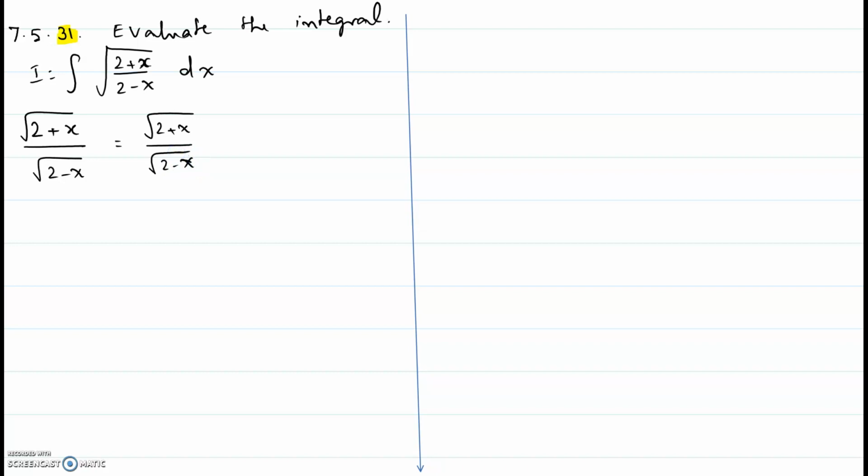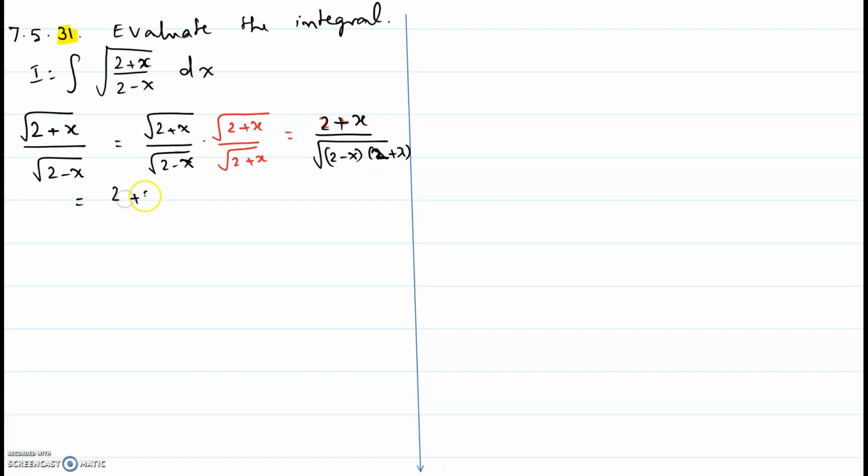We'll multiply and divide by the same quantity, square root of 2 plus x. On top, square root of 2 plus x times square root of 2 plus x becomes 2 plus x. In the denominator, square root of a times square root of b is square root of a times b, so it's square root of 2 minus x times 2 plus x.